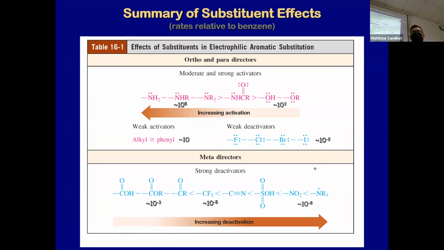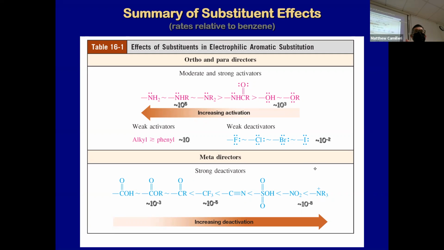Okay? But have an idea. I'm not expecting you to know all of these by heart with their values, and so on and so forth. But I do expect that you know what an activator is, ortho-directing, para-directing, meta-directing. I would want you to know, more or less, that nitrogen-containing compounds are more reactive than oxygen-containing compounds.